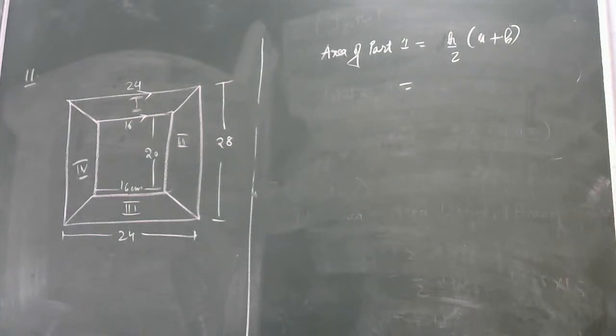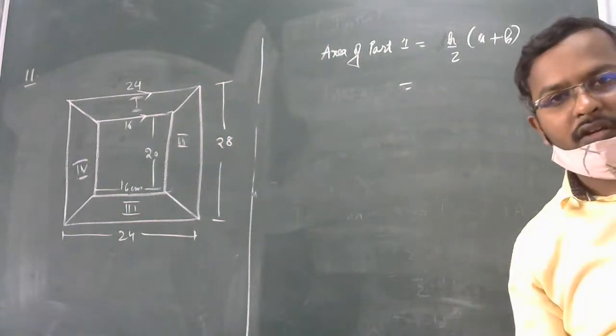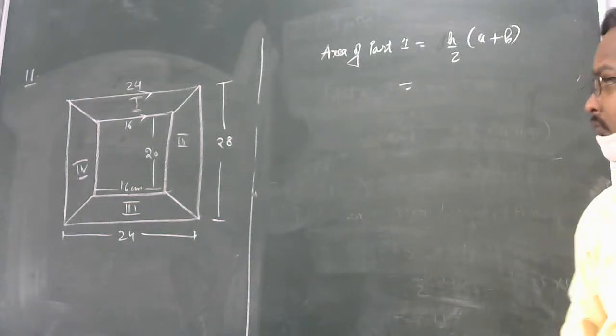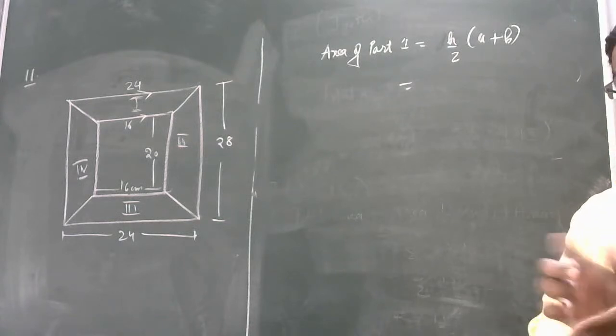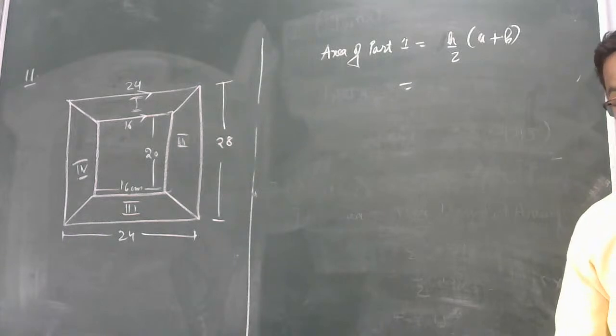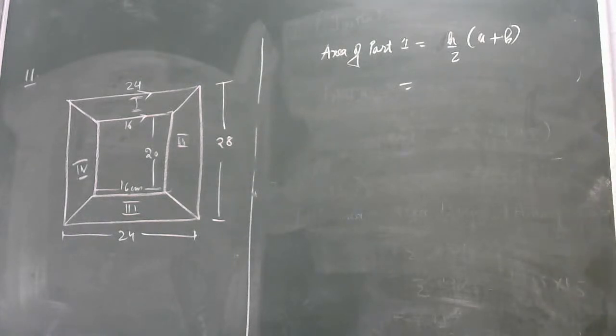What is its height? 8. Any other answer? Those who are attending online, you can find its height. How much is the height? Okay, yours is fine, 8. Any other answer?